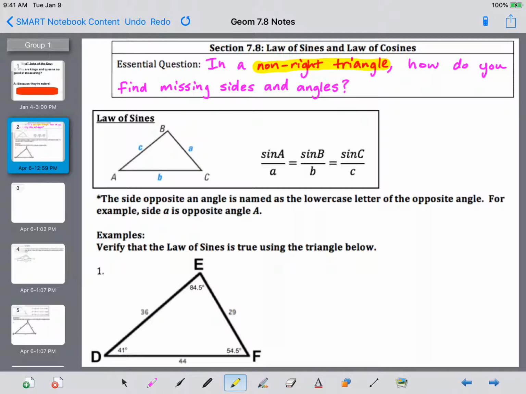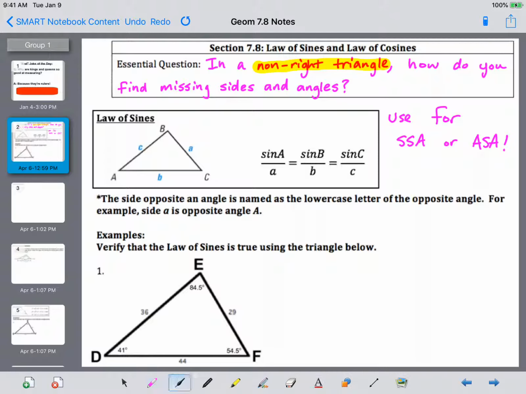So first of all, the law of sines helps if you have a triangle in which you know a side and another angle. So you can use this type of formula for side angle side or for angle side angle. All right.